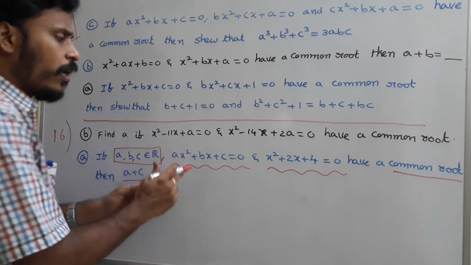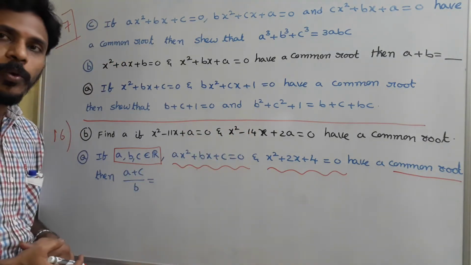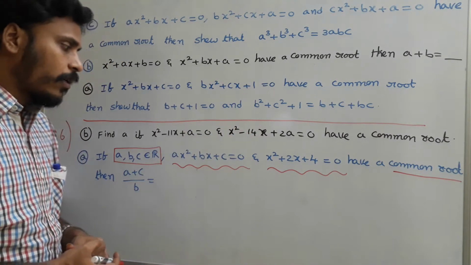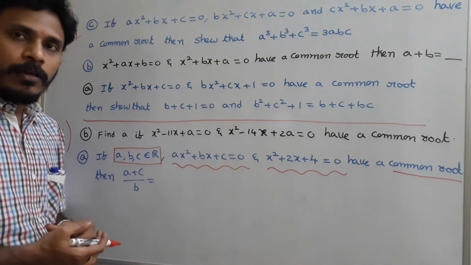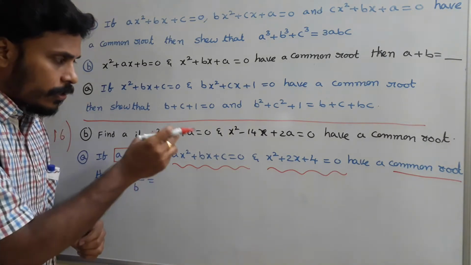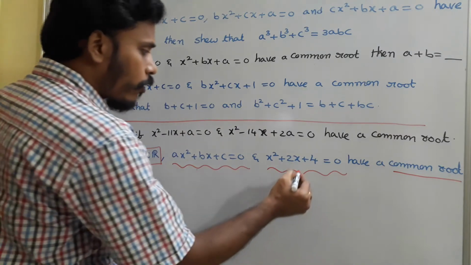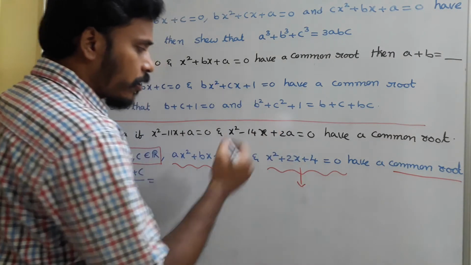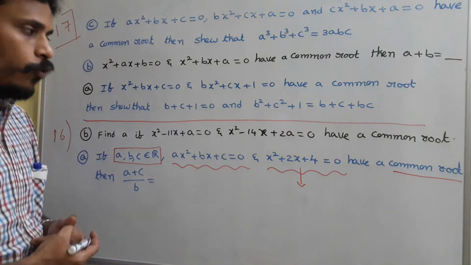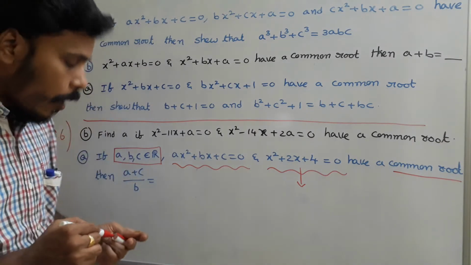How can we find this particular value, a plus c by b? The question says these two equations have a common root, so I need to observe some aspects related to the roots which we discussed earlier. First, think about x square plus 2x plus 4 equals 0. What do you say about its discriminant?